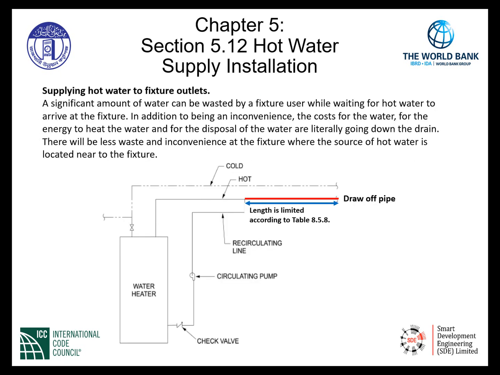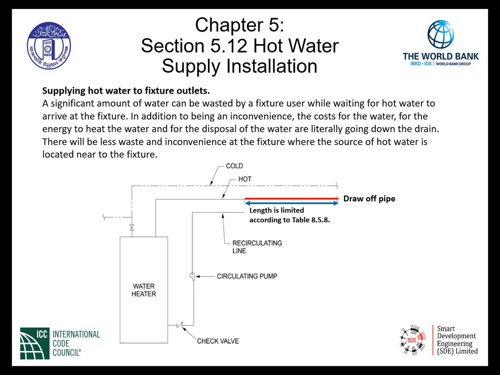When we supply hot water to fixture outlets, we need to understand that there is a limitation to the length of piping that supplies the hot water to the fixture. A significant amount of water can be wasted by a fixture user while waiting for hot water to arrive at the fixture.